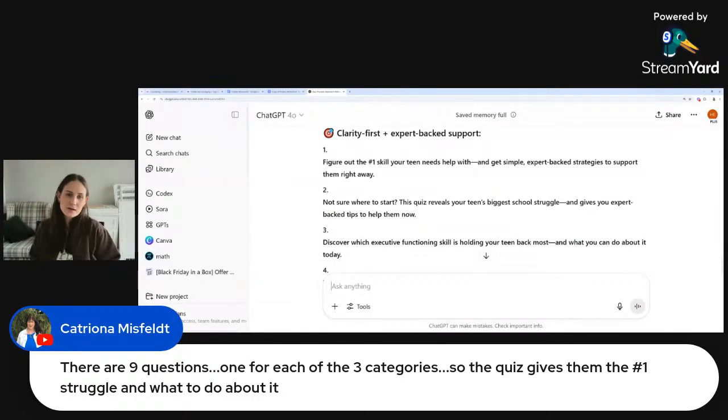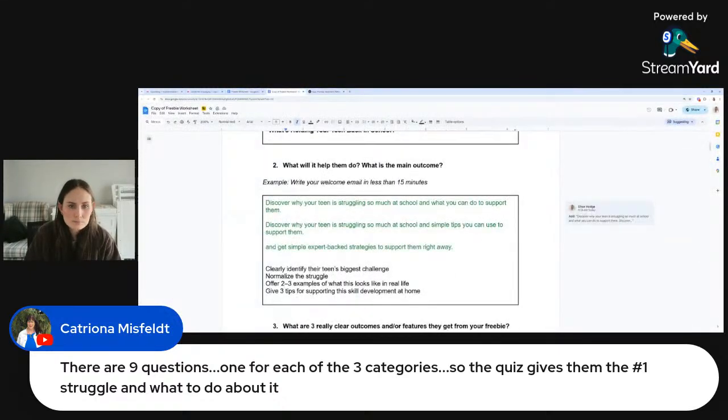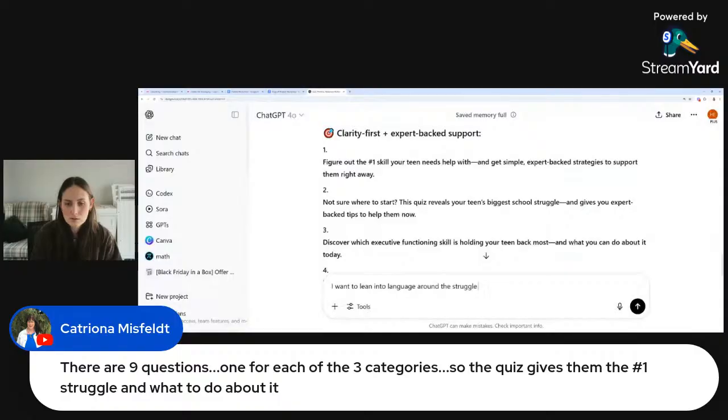Essentially, I want to say, like, figure out the number one skill your teen needs help with. I mean, maybe. What did you say specifically? Figure out which struggle they should target first. I want to lean into language around, I don't quite know how to say this. I feel like we're so close.